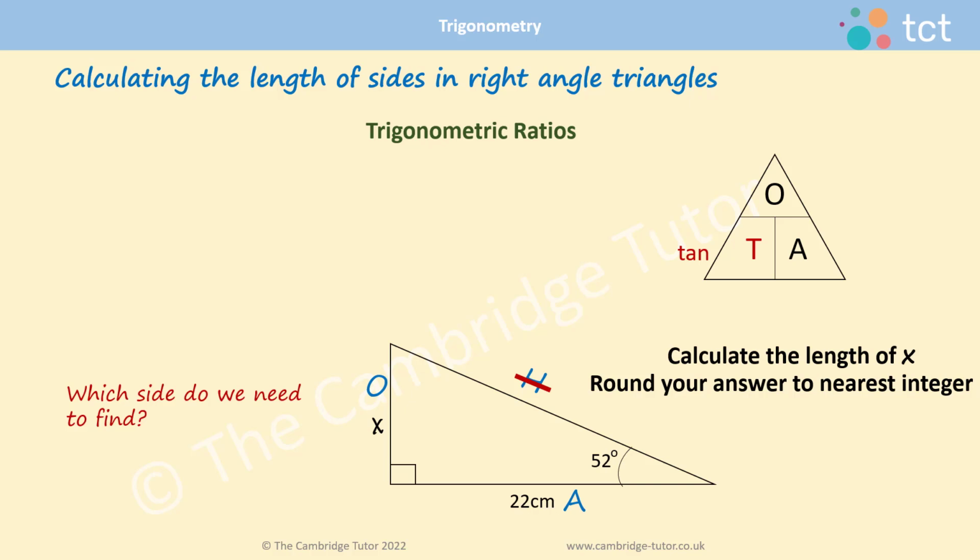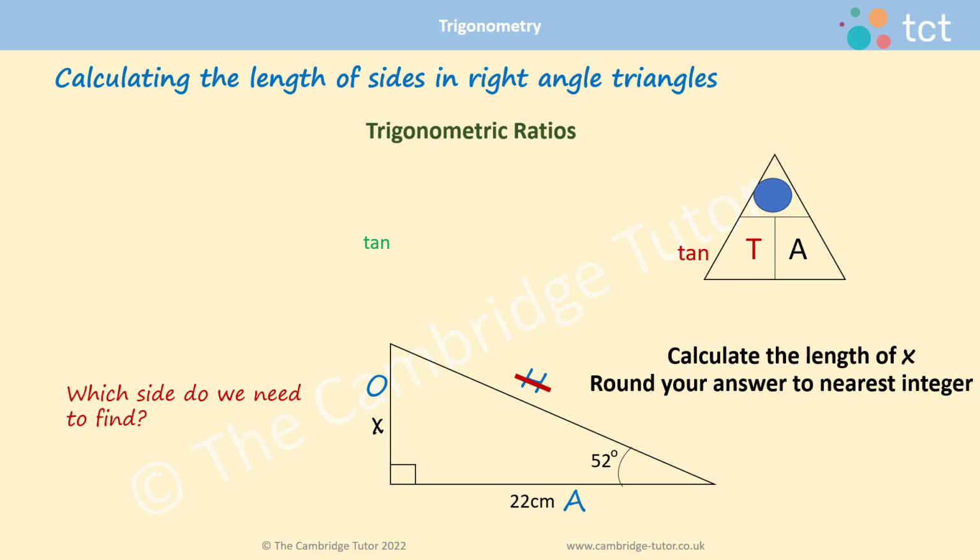Now you're left with one triangle. Establish which of those sides you don't know, but is the one that you're looking for. And that's the opposite, x. So you cover that up, and again you have a multiplication. You have the two values at the bottom, which you multiply together.